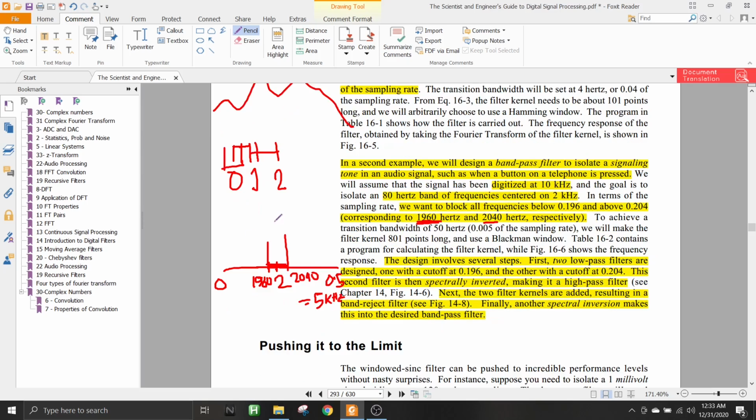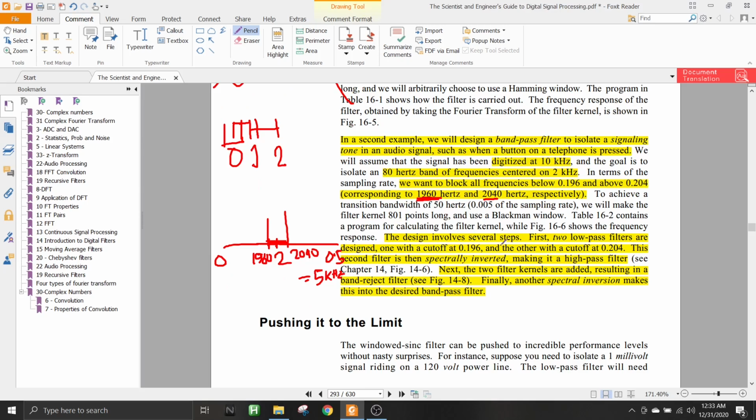To create such a bandpass filter, the design involves several steps. The first is that we need two low pass filters, one with a cutoff frequency at 0.196, the other with a cutoff frequency at 0.204. Next, the two filter kernels are added, resulting in a band reject filter.